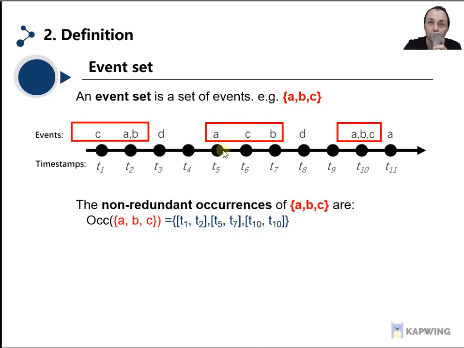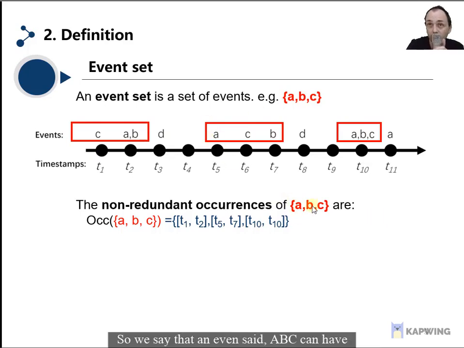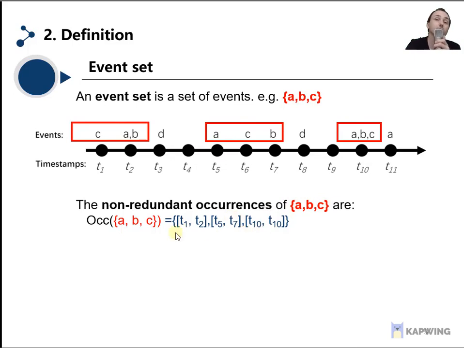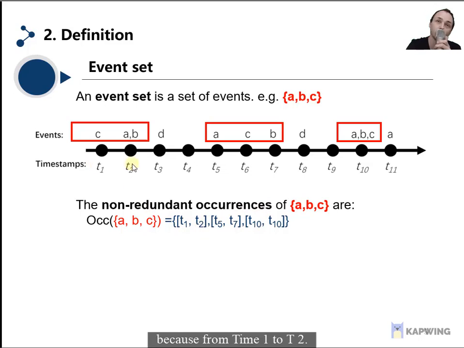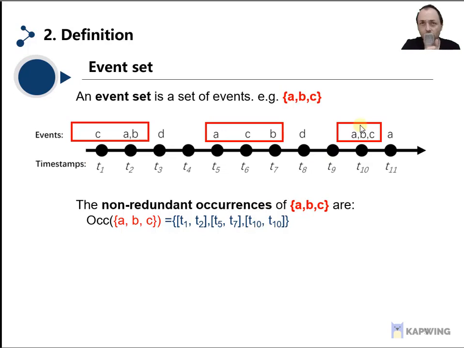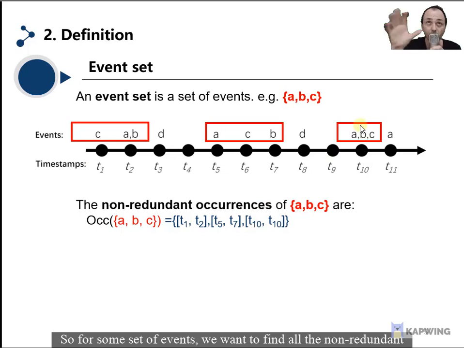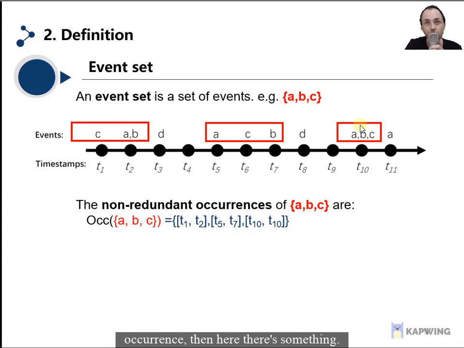We say that an event set ABC can have some non-redundant occurrences, like T1 to T2, because from time 1 to T2 we have ABC together, T5 to T7 we have ABC together, and T10 to T10 we have ABC together. So for some set of events, we want to find all the non-redundant occurrences.